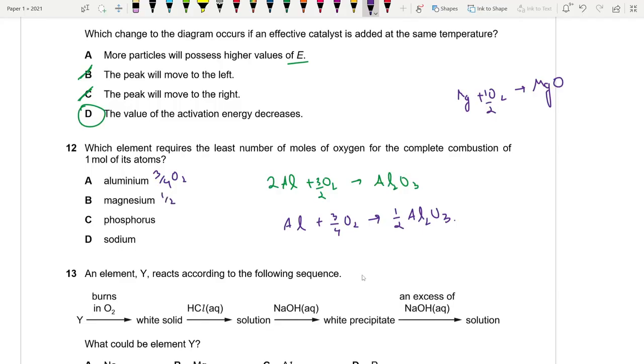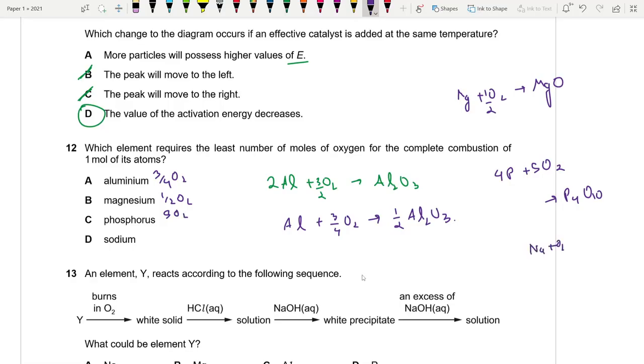Half a mole. Phosphorus. 1 mole of its atoms. Okay. Clearly not the answer. 5 moles of O2.